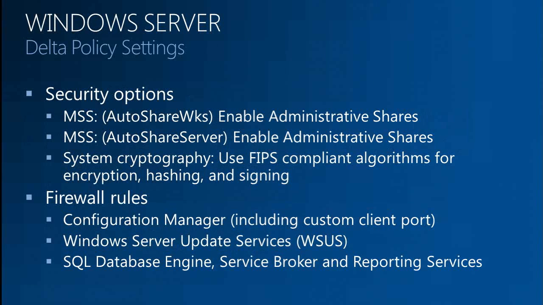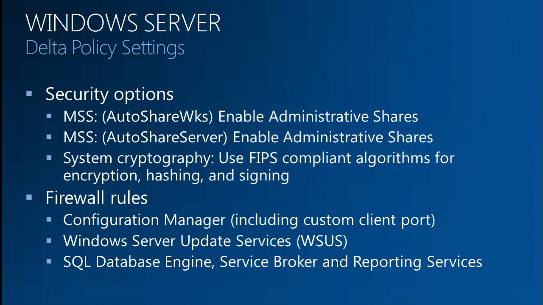Just a few more notes of things that you could potentially add into your Delta policy for config manager. The first two are not in the baseline for member servers now, but there are things to look out for. Common things that sometimes security folks will want to enforce that will break config manager systems.